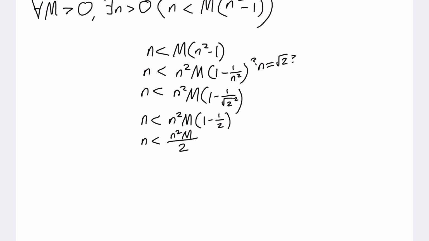So I'm just going to divide both sides by n to get rid of that squared and the n on the other side. Move everything except n to the other side so we can isolate it. Okay, we have n greater than 2 over m.